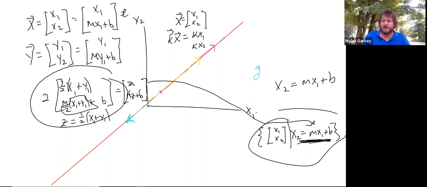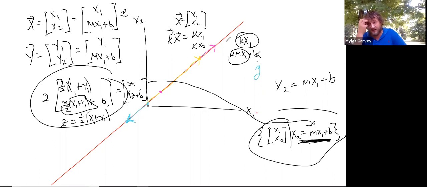And we know that by definition, I have x1 and mx1 plus b, but I multiply both by k. And here, what I end up having is the same deal. I have the kx1, I have the k, and I can take the k out of there and basically break it up.